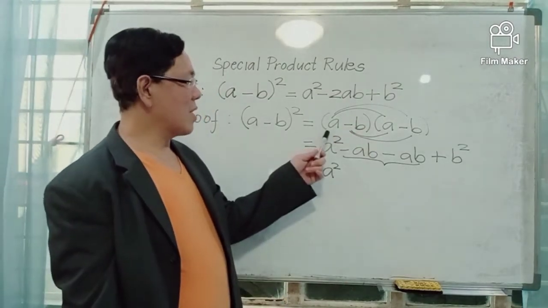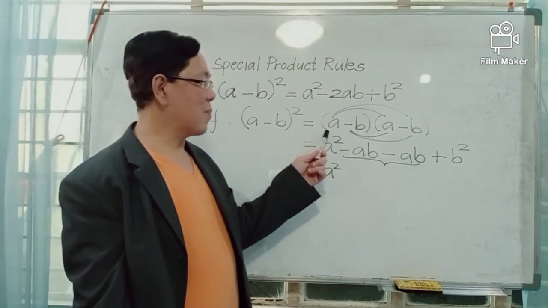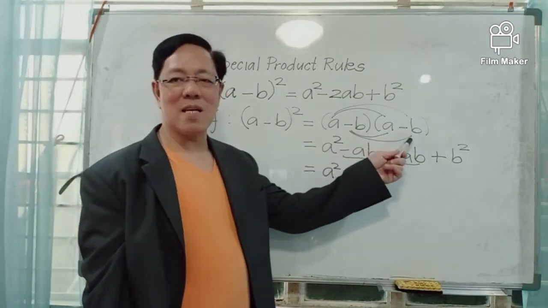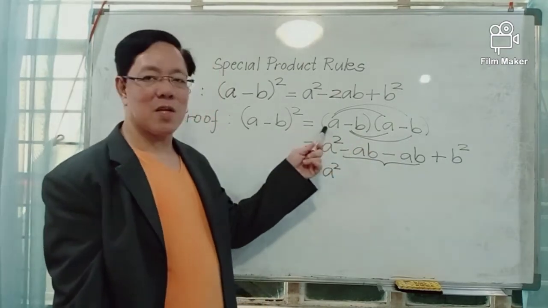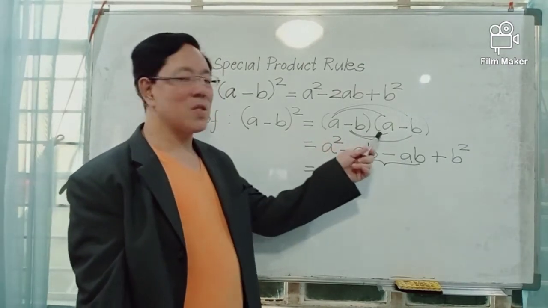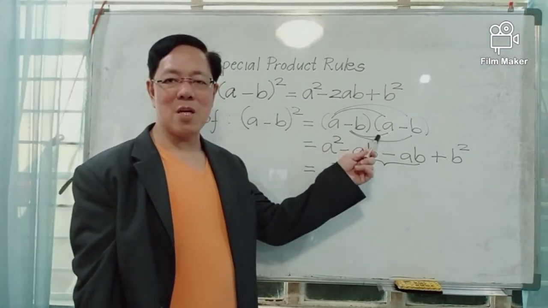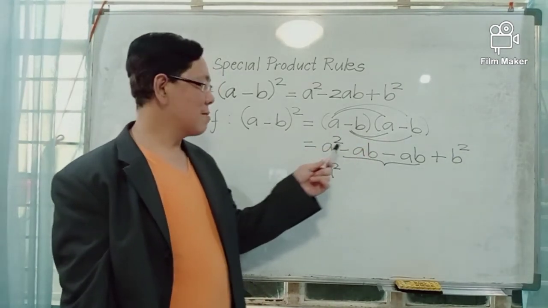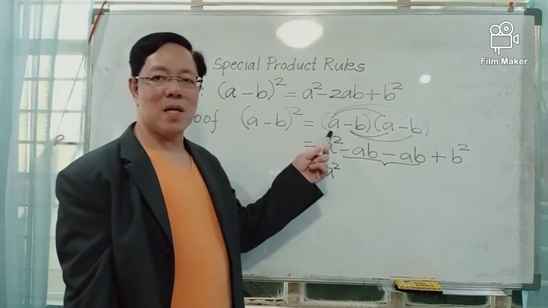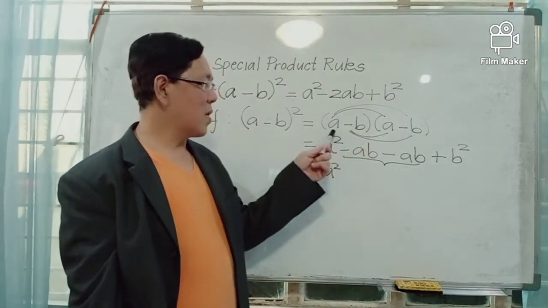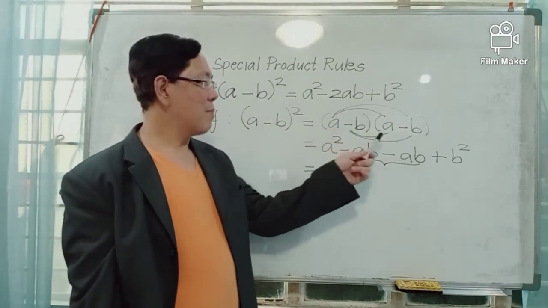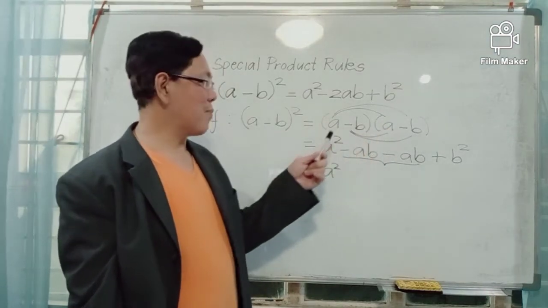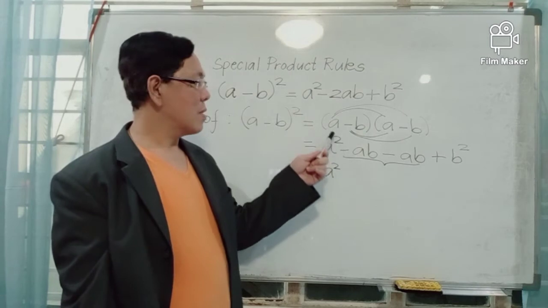We start by distributing A from the left side, or we multiply each term of the second binomial by the first term A. We have A multiplied by A. By property of exponent, we copy the common base A, and we add the exponents of A. Exponent of A here is 1, plus the exponent of A here is 1. Hence, we get 1 plus 1 is 2.